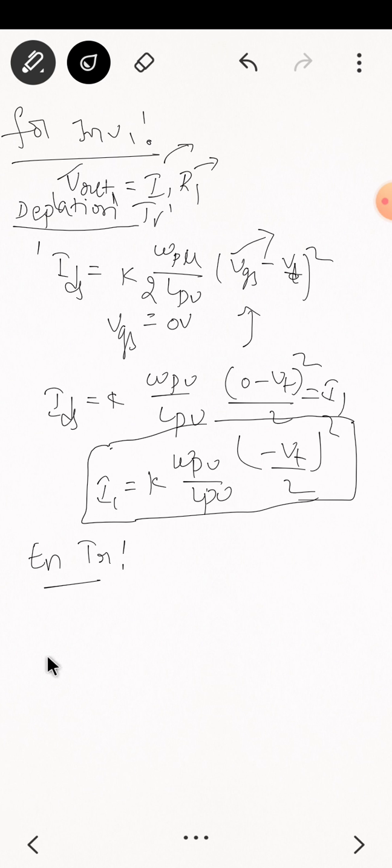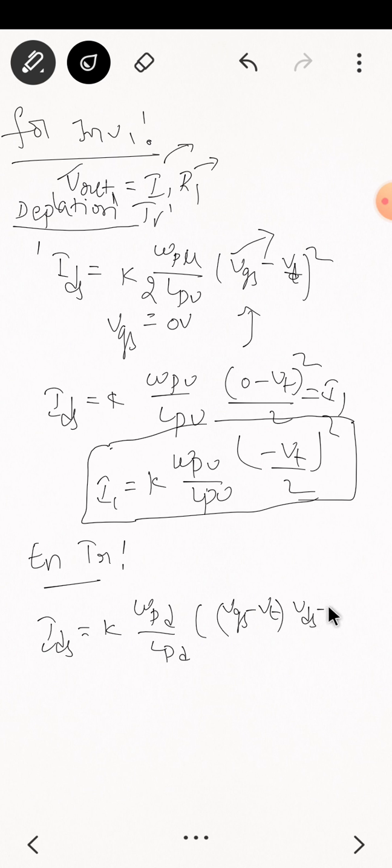Enhancement mode transistor current IDS is equal to K into (W_PD by L_PD) into [(VGS minus VT) into VDS minus VDS square by 2]. This is the equation for the enhancement mode transistor drain to source current.